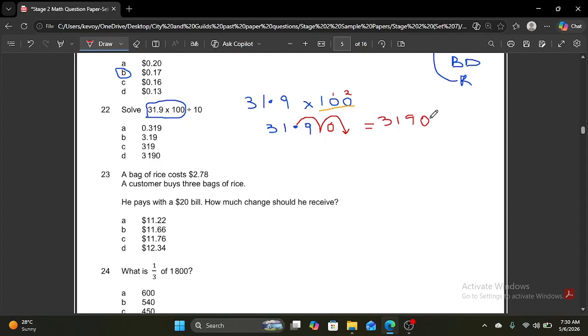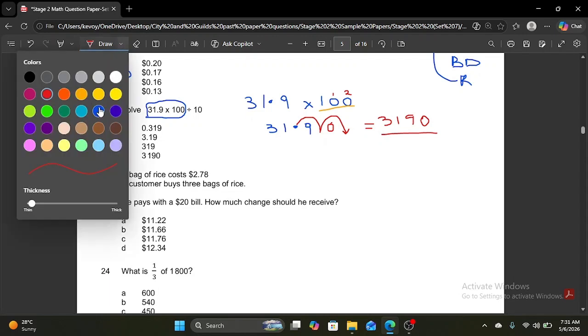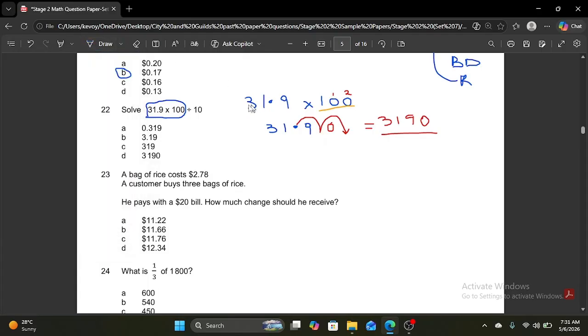And now, after we have done that, we just have to divide by 10. If you look right here, we have to divide by 10 afterwards.